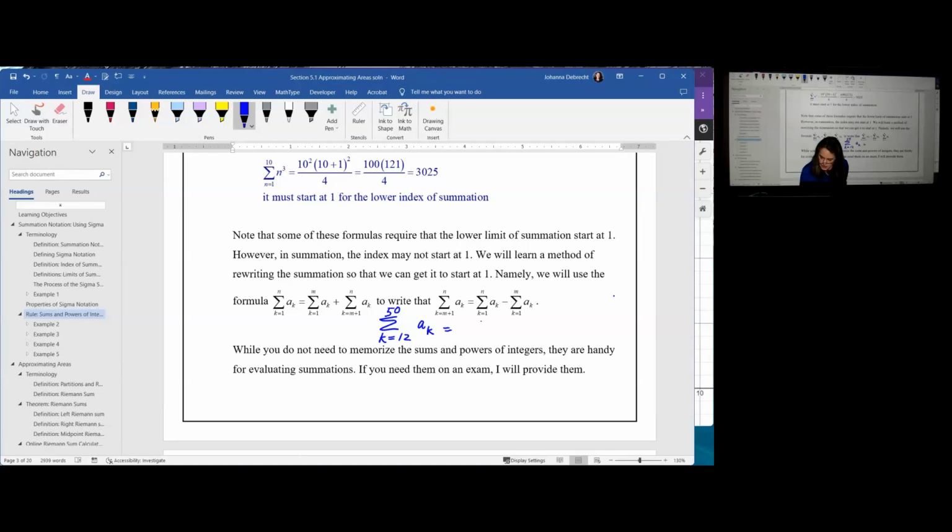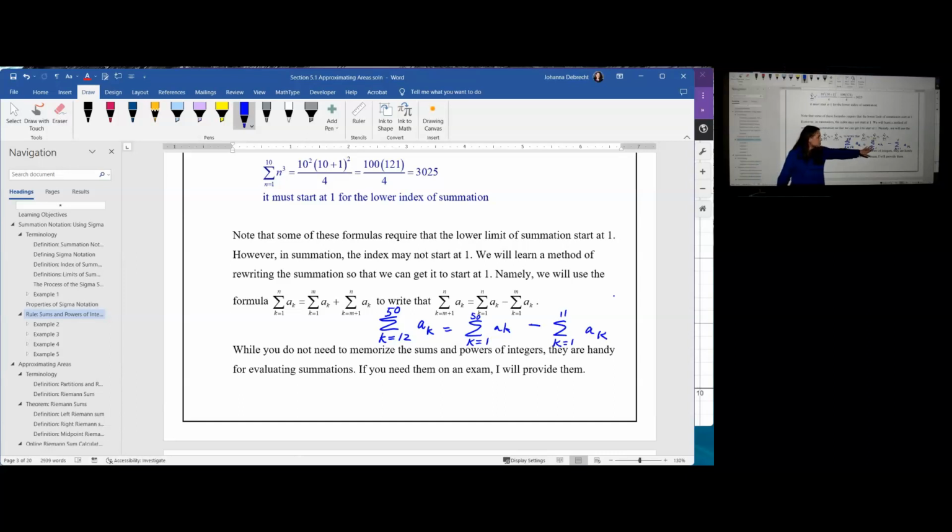I start by taking the full sum from 1 to 50, and then I subtract off the first 11. In other words, if I take all 50 and then I subtract off the first 11, then I am in essence starting at 12 and going to 50.